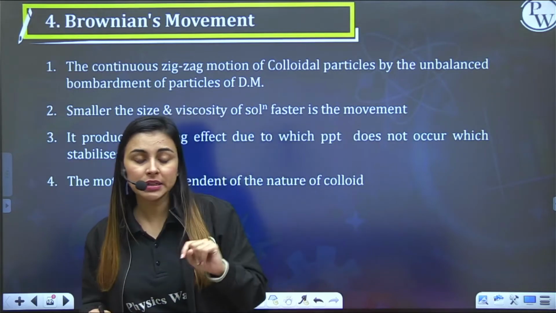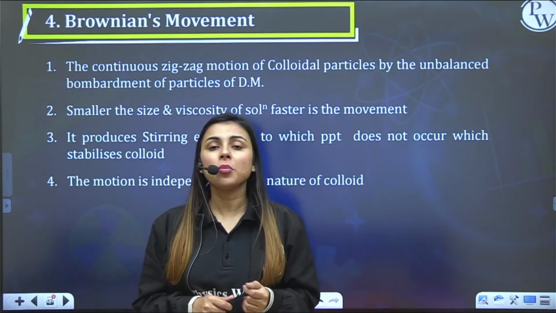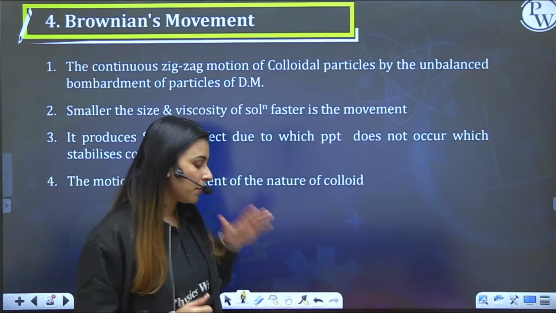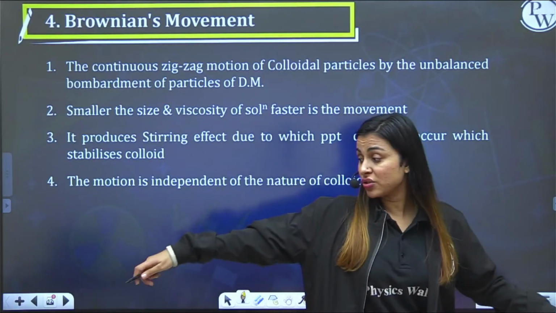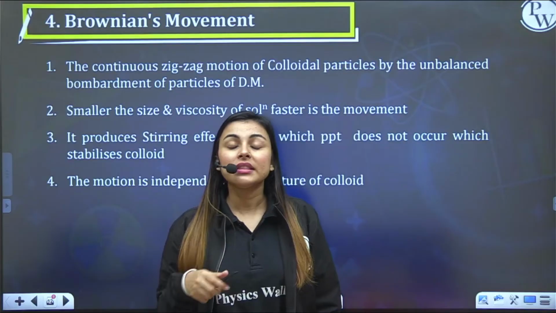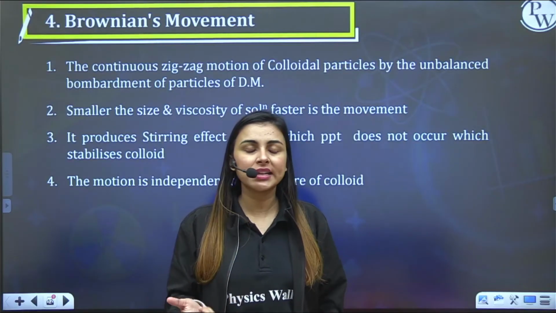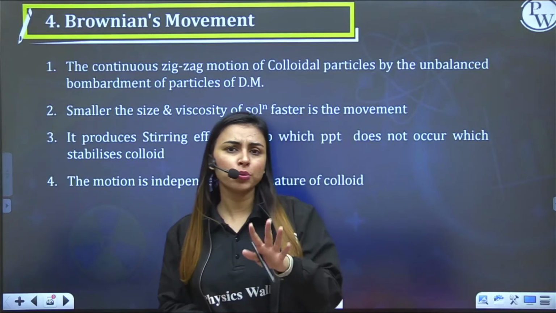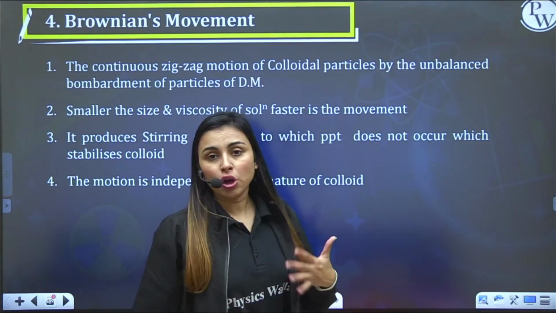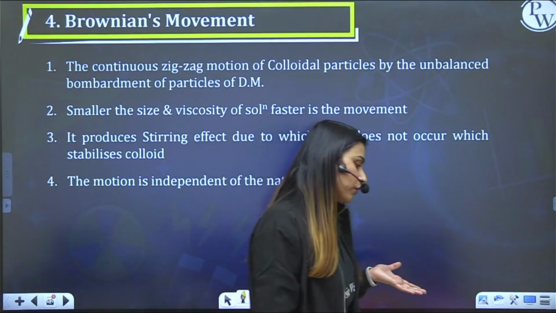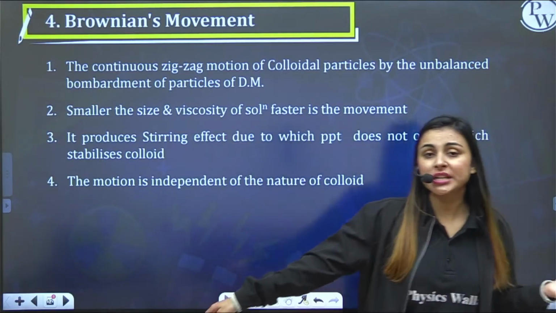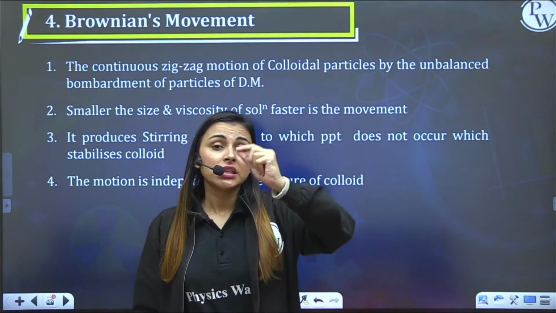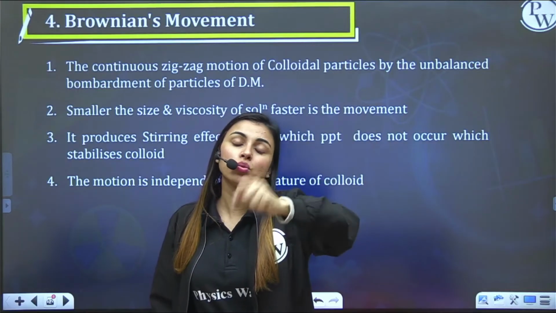Yes, first thing. Second, viscosity. What is viscosity? Let's say a particle is moving and the other particle is trying to push it back. That is viscosity. It is a physics term which you study there, but I hope you can understand. The resistance to the forward movement is known as viscosity.